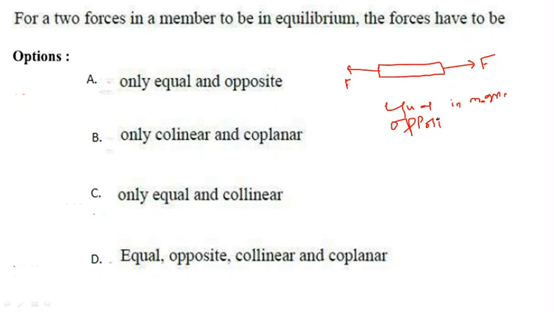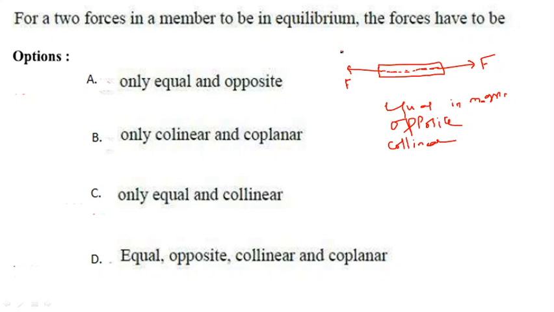And if you draw the line of action of these two forces, this is the line of action of this force, and this is the line of action of the other force. The lines of action of these two forces are the same, so we can call it a collinear force system. And finally, these two forces are acting in the same horizontal plane.